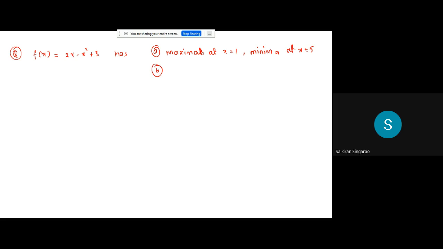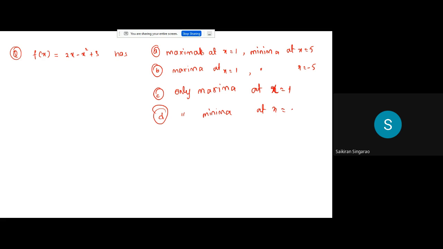Option B I'm giving you: maxima at x equal to 1 and minima at x equal to minus 5. Option C I'm giving: only maxima at x equal to 1. Only minima at x equal to 1. Can you tell me the answer for this?